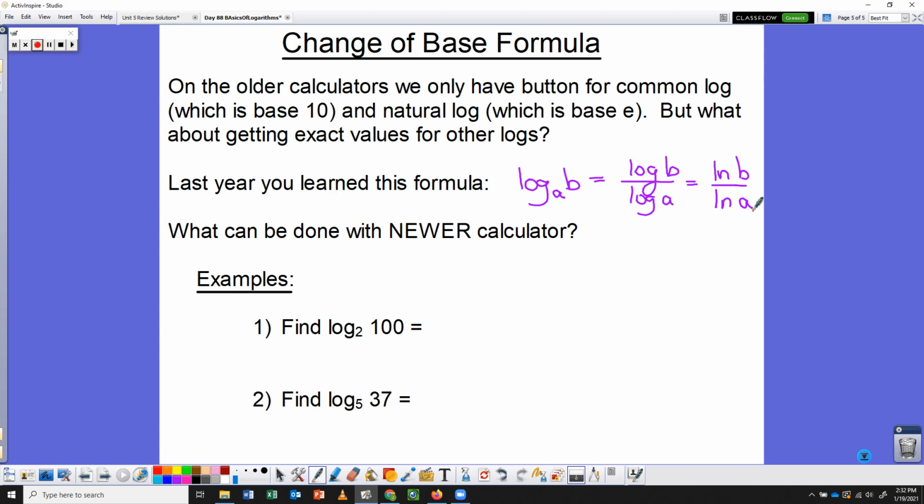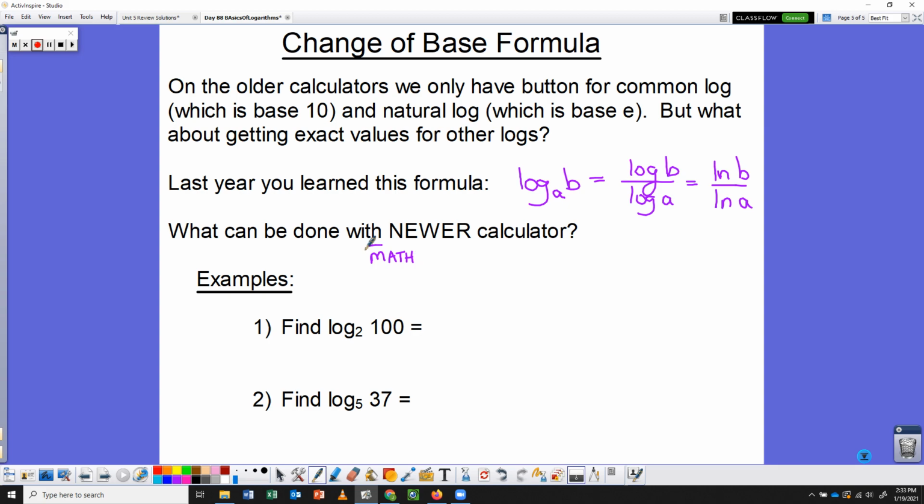So what can be done with the newer calculators, though, is if you go into the math menu, if I hit the math button, and I go over to, which one is it now? I think it's in math. Yeah, it's in the math button.